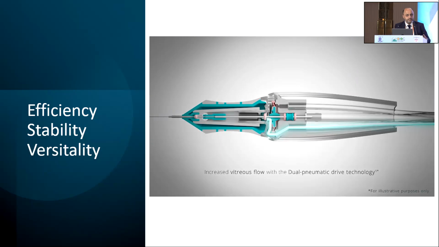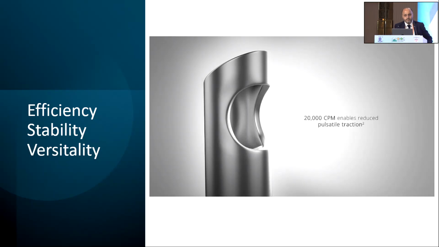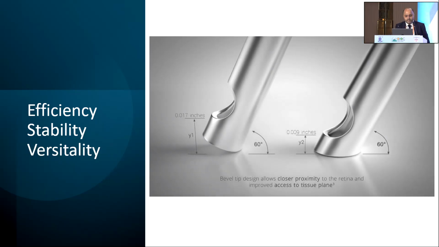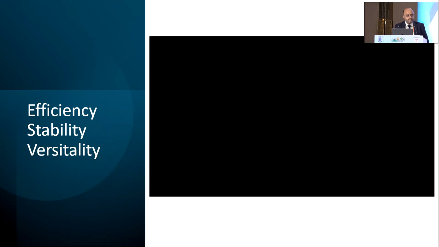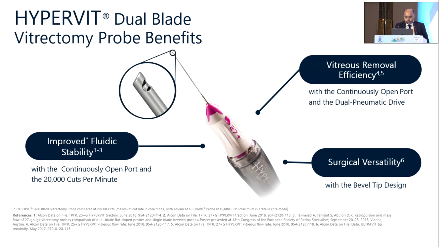But in this cutter, the good thing is that both the going in and going out phases are active. Secondly, there is lesser traction because it breaks the pieces into smaller fragments, and the bevel design helps us go very, very close to the retina. So probably good to say that this has improved fluidic stability, which has improved efficiency, and surgical versatility is also there.